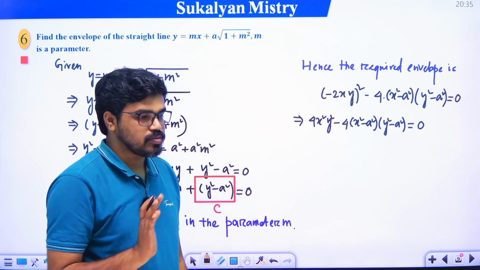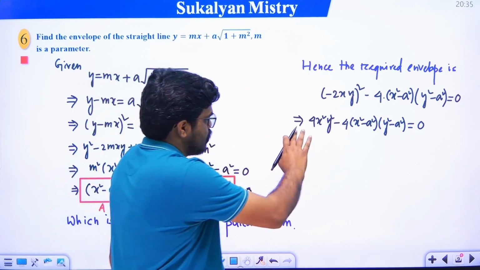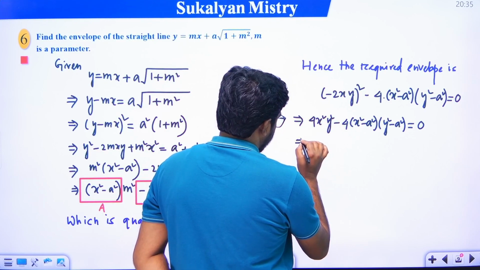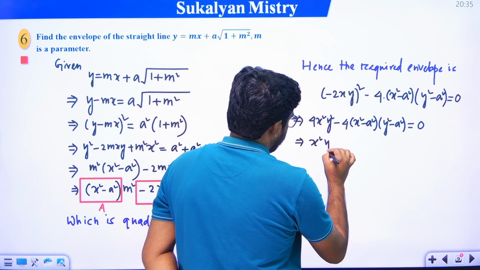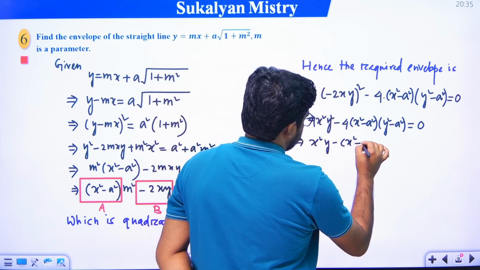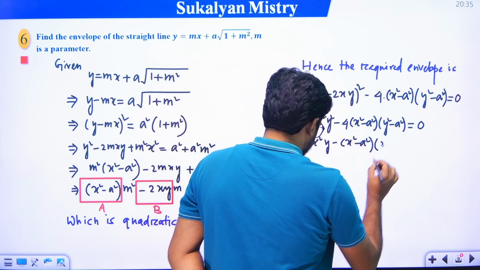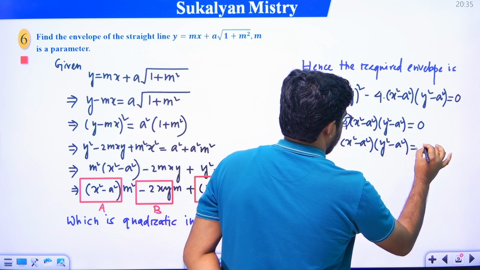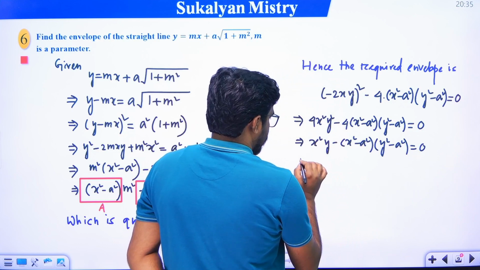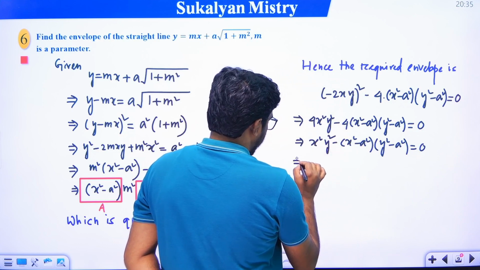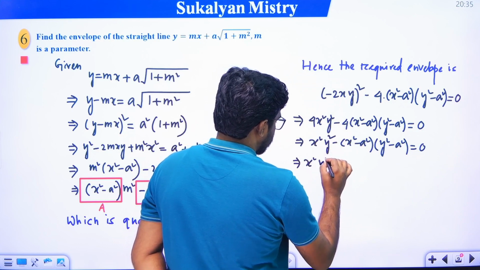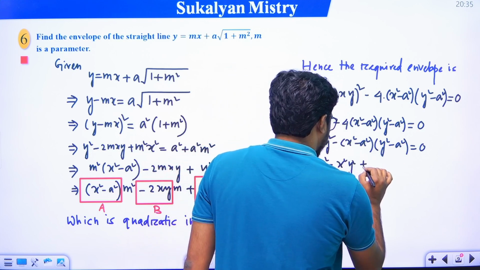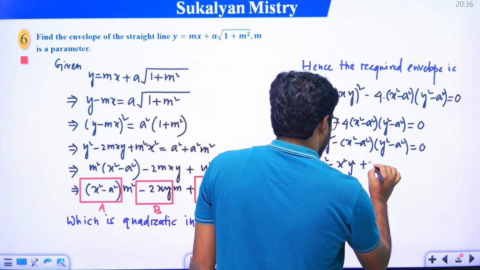Okay, so dividing both sides by 4, what we get, that means x square y square minus x square minus a square into y square minus a square is equal to 0.